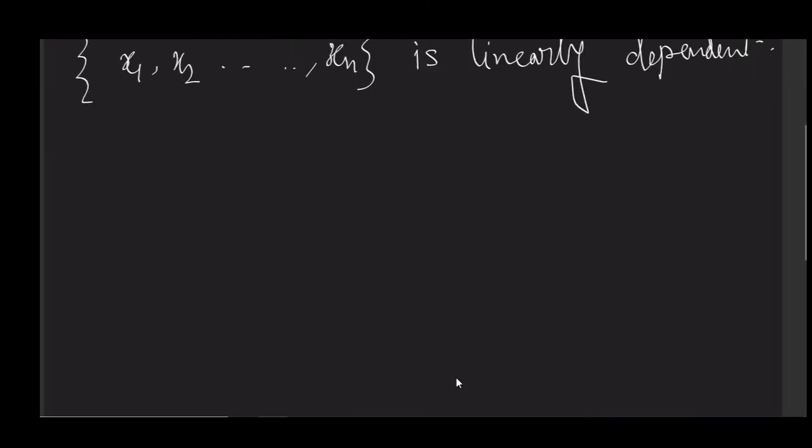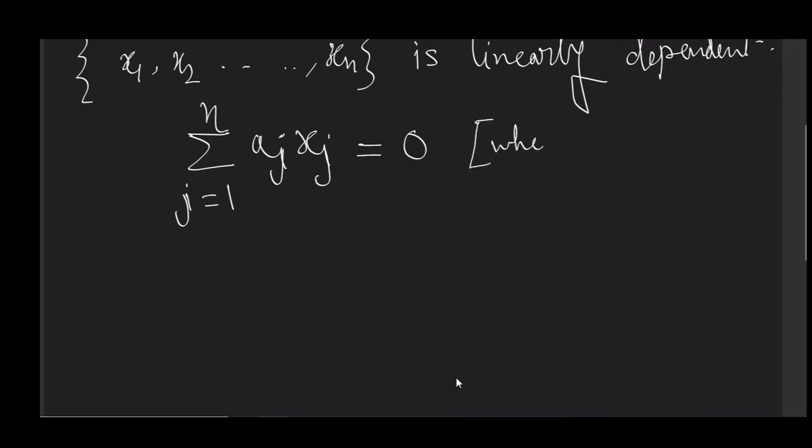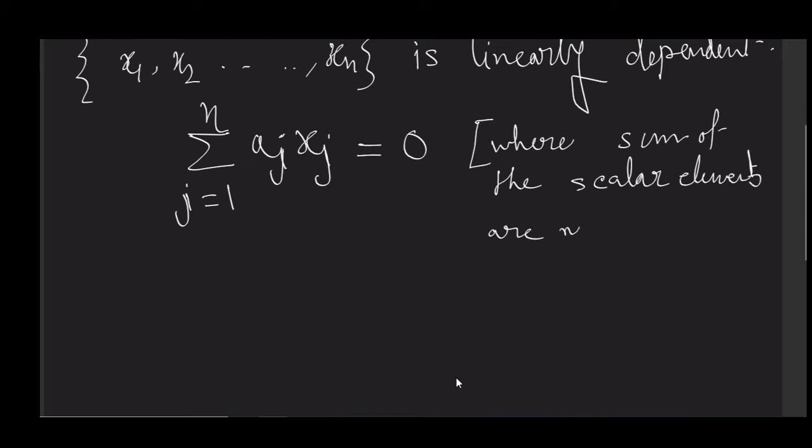And the converse can also be proved. If x1 to xn are linearly dependent, then we can write the sum from i equal to 1 to n of aixi equal to 0.